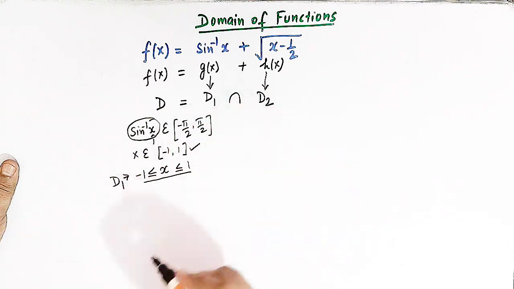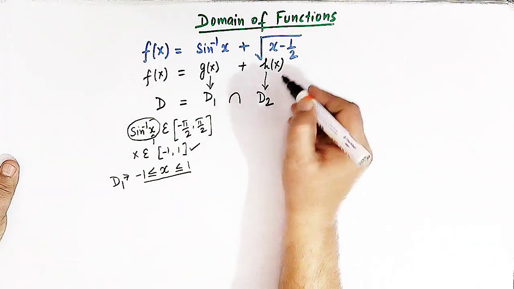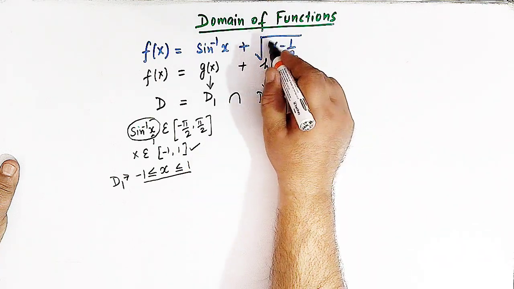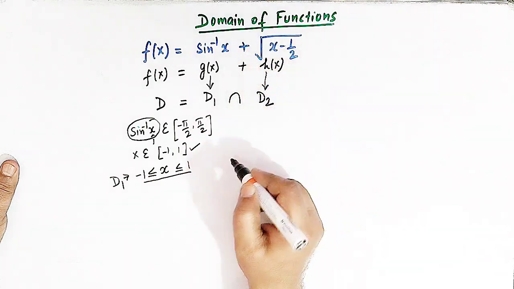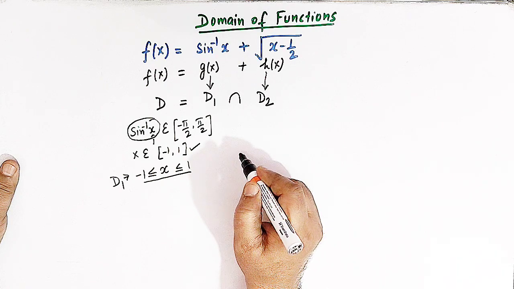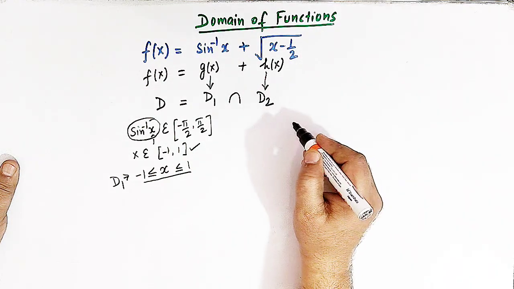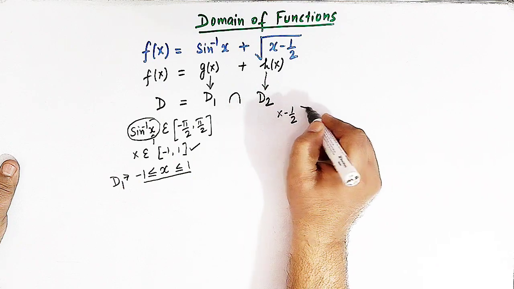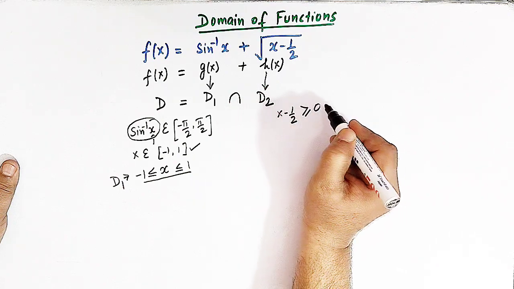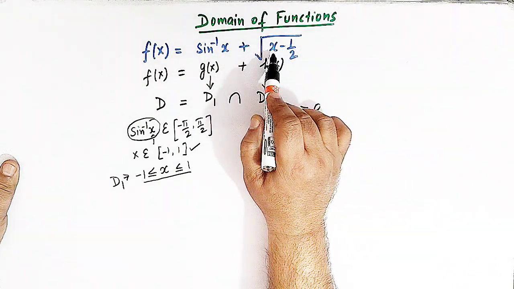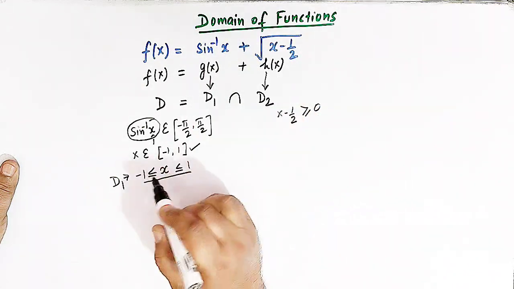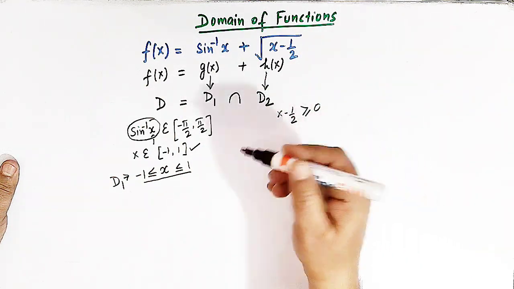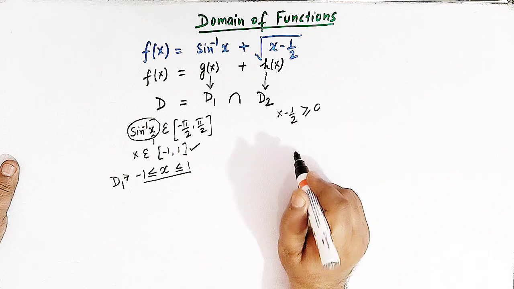Now let us find d2. Here we have the square root function, and anything inside the square root has to be positive or equal to 0. Here x minus half should be greater than or equal to 0, because we cannot have a negative number inside the square root sign. In that case, the number does not belong to the set of real numbers.